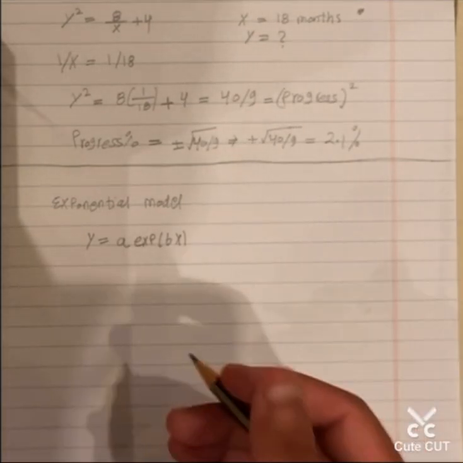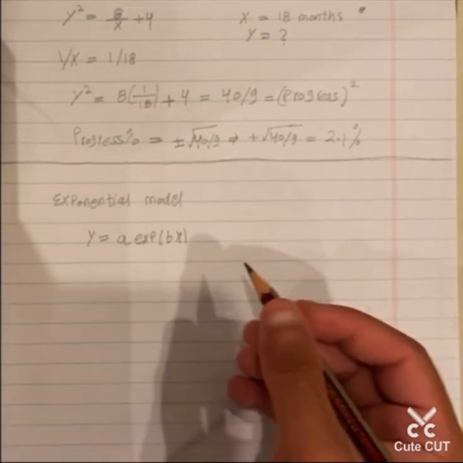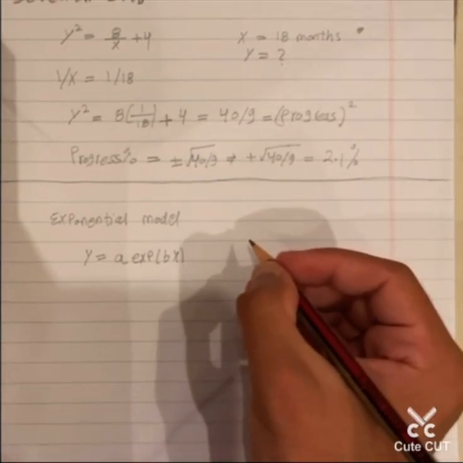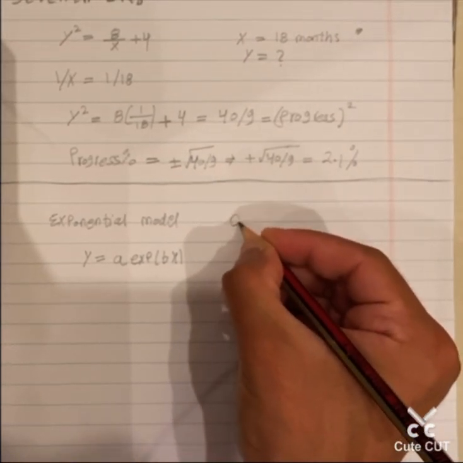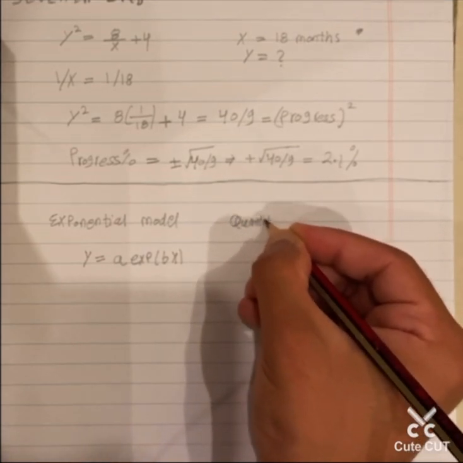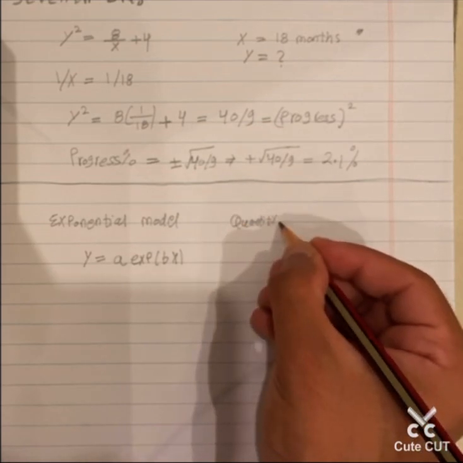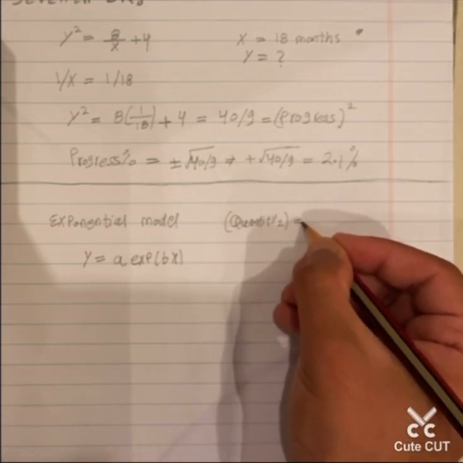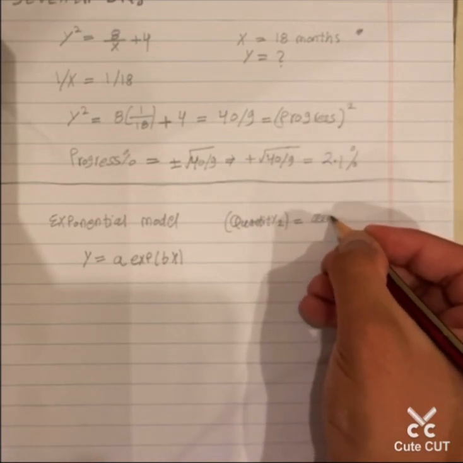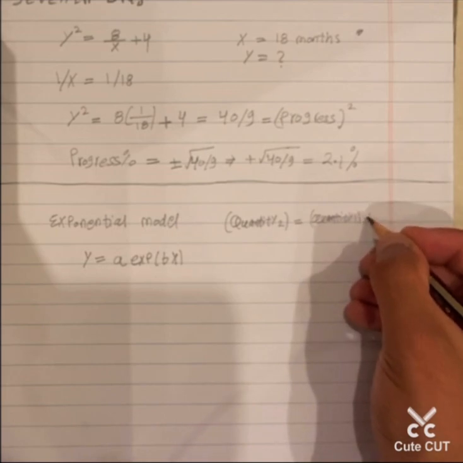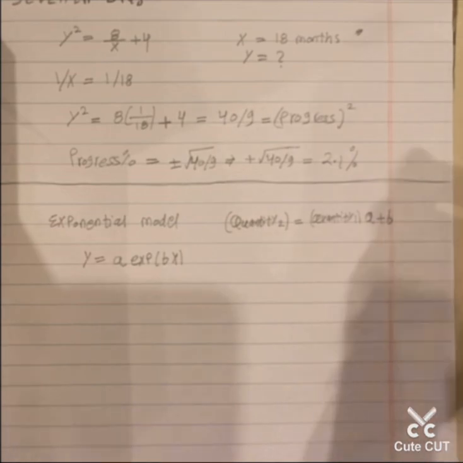So how to linearize this model? How to make the equation? I didn't say it before, but a linear equation will have something like this: quantity 2 equal to some constant, we call it maybe a, times quantity 1, plus b.